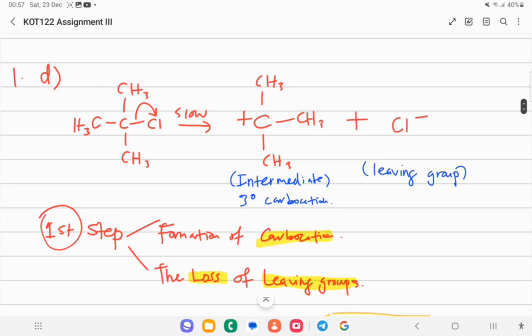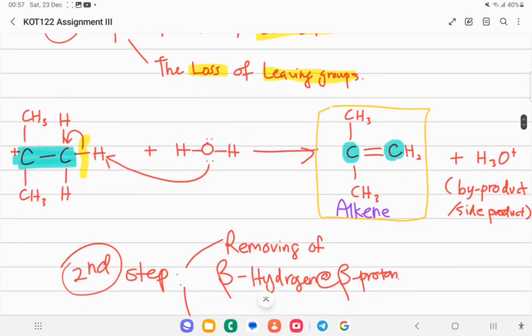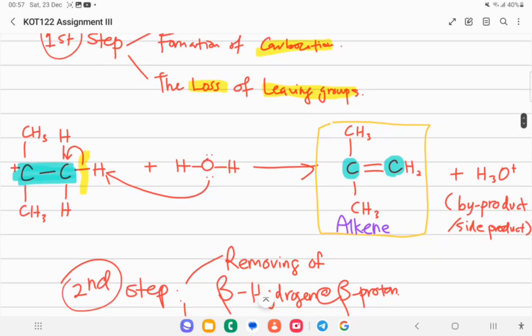Basically there are two steps in the E1 reaction: the first step is the formation of a carbocation, and the second step is the loss of a proton, or the loss of a hydrogen atom.